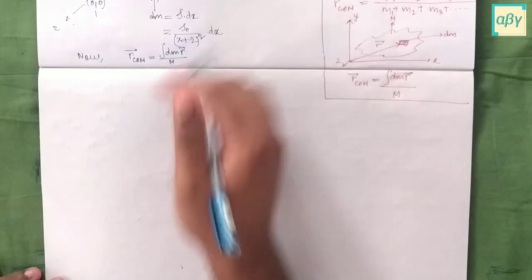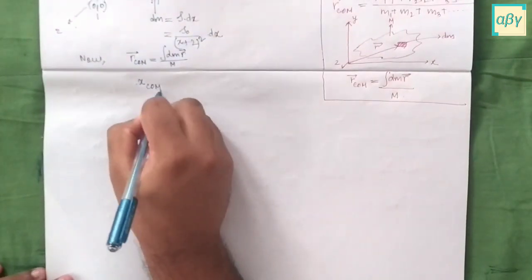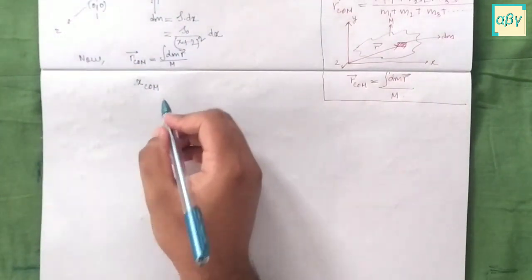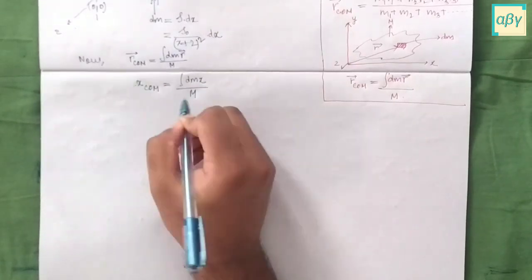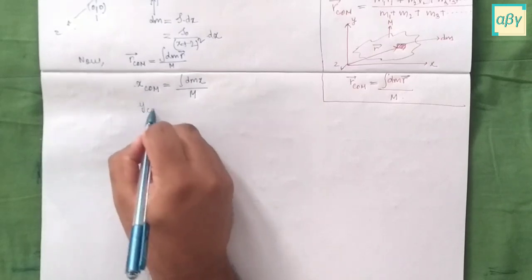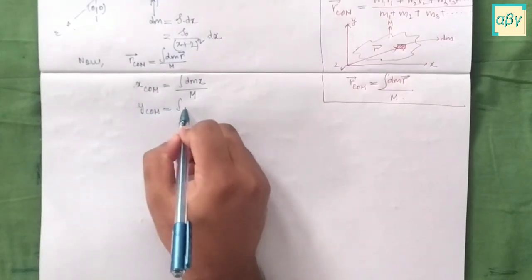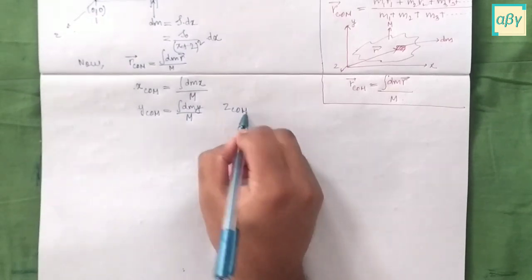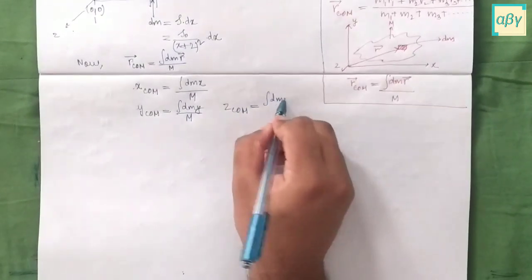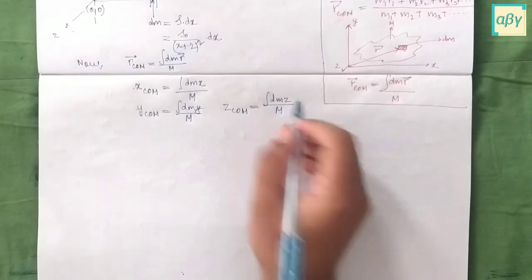So along the x-axis, let the coordinate of the center of mass be x, given by integration of dm x by capital M. Similarly, the y coordinate of the center of mass is integration of dm y by capital M, and the z coordinate is integration of dm z by capital M.